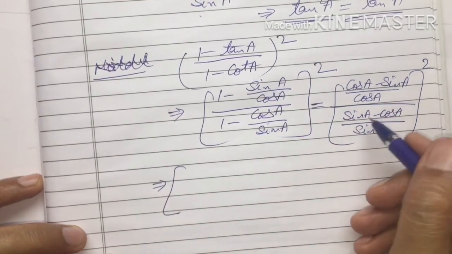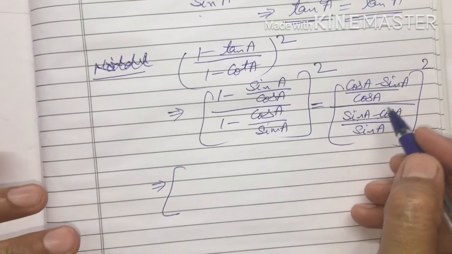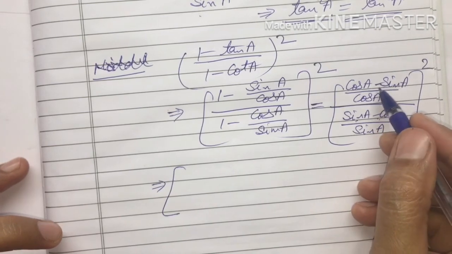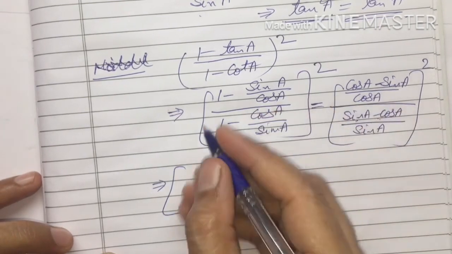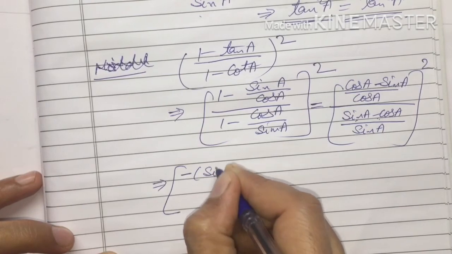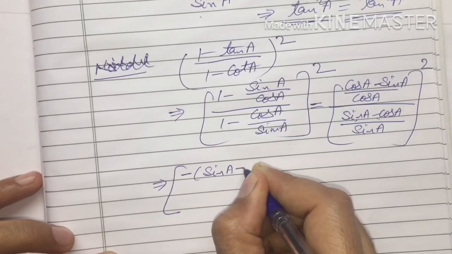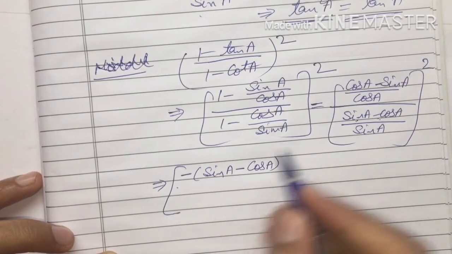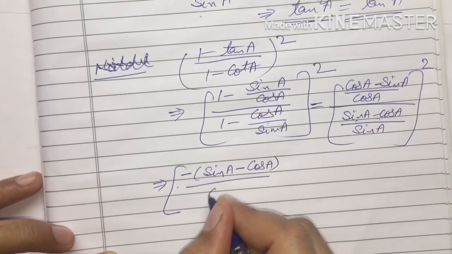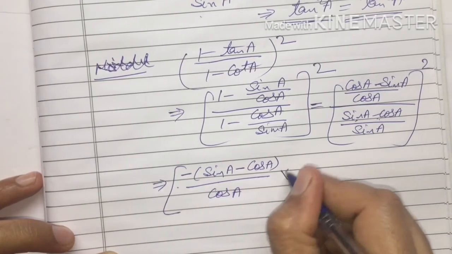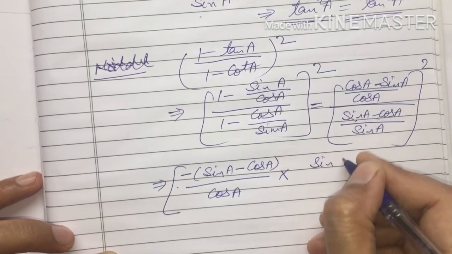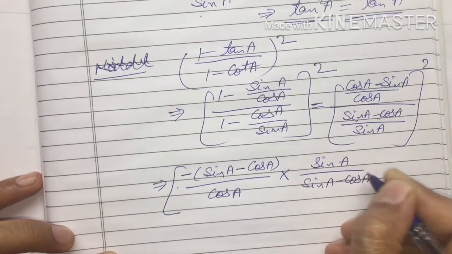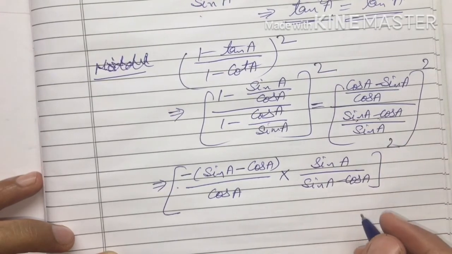In the bracket, because we need to form the same thing, sine A minus cos A, here it is cos A minus sine A, so we will take minus as common, so it will be minus (sine A minus cos A). We took the minus form here, upon cos A, this sine will go up, sine A upon sine A minus cos A and square of that.